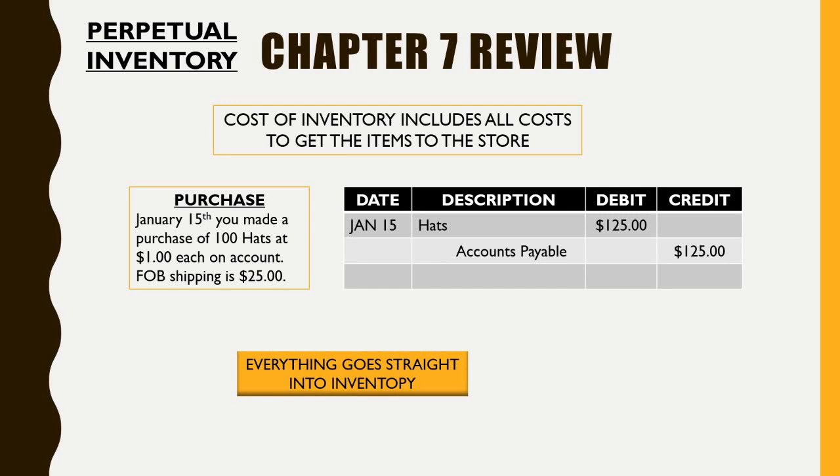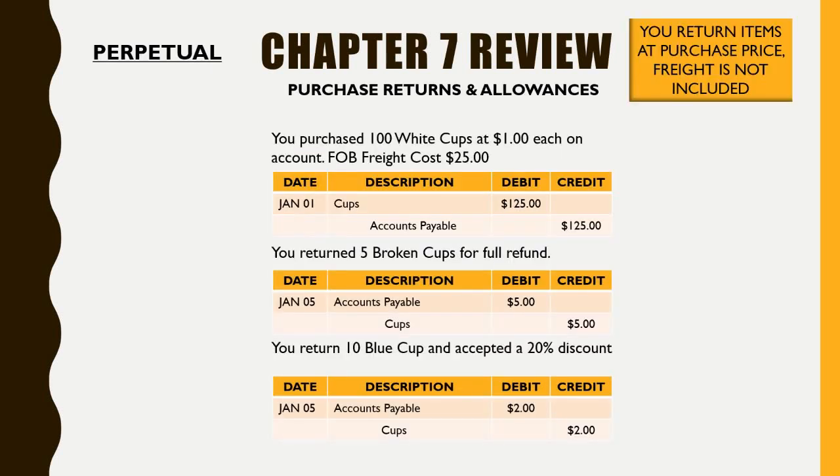Okay? Of course, we talked about the purchase returns and allowances, right? Again, since you put everything into inventory, when you recognize a refund, it's going to be taken out straight from inventory. So whether it's a full refund or a portion of the money, you're still going to recognize it as taking it out from inventory.